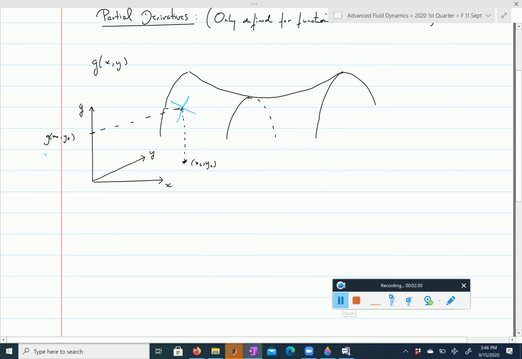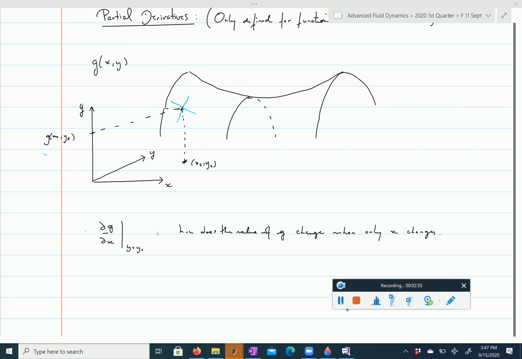So the partial g partial x here means that we're holding y fixed, so y is going to be fixed at y naught. This tells you how the value of g changes when we move along the x-axis. So that means when only x changes.